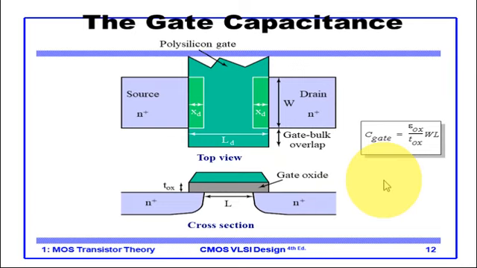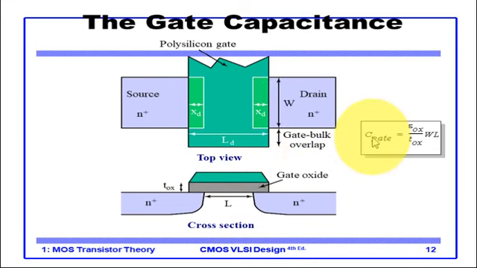How will it constitute a capacitor? If you see the top view, you will come to know that this is a plate. This is the polysilicon gate, and below that you will see an SiO2 layer, and below that there is a channel, with some part of the source and some part of the drain.